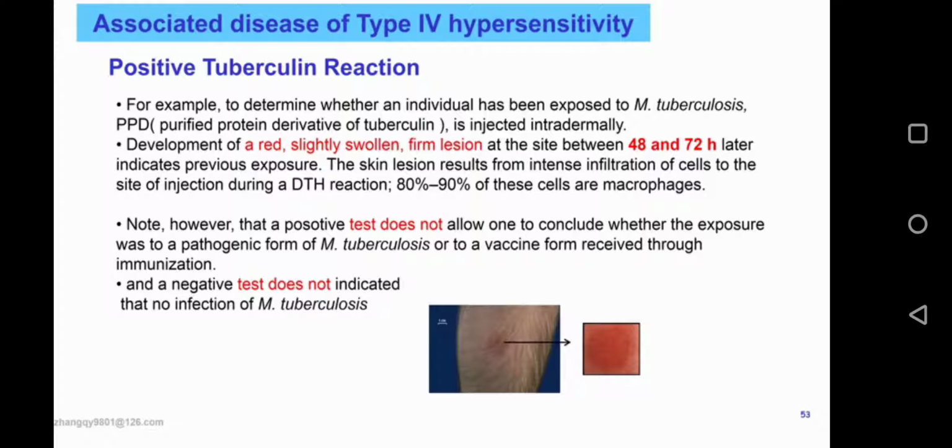And here, in the skin result, most cells are macrophages. Now there's a question for you. If the skin test is positive, what does it mean? As a doctor, you do the test for the patient, so you may think the patient is infected by tuberculosis.